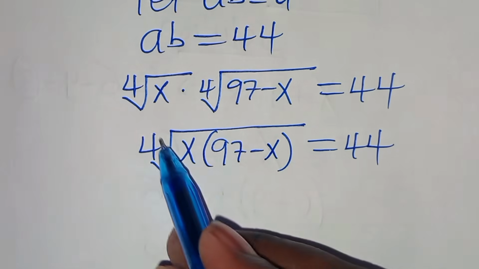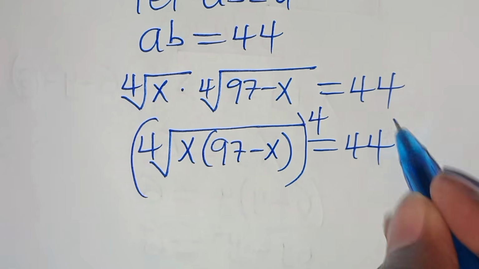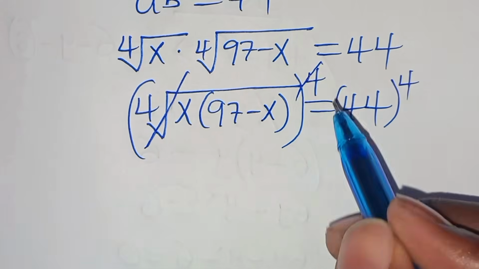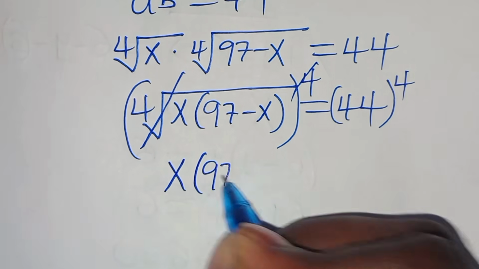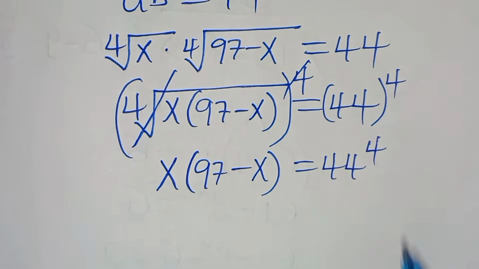Now, let's eliminate this fourth root here. Let's raise both sides to the power of 4, so that we eliminate the fourth root and have x times 97 minus x equal to 44 to the power of 4.